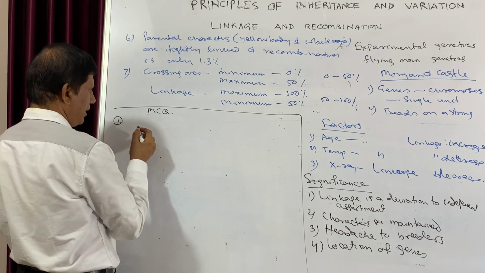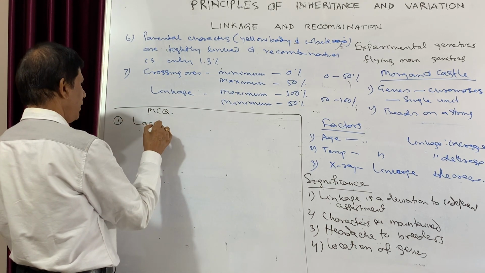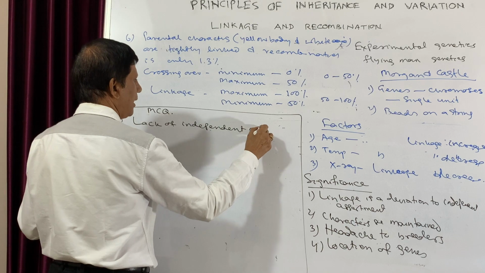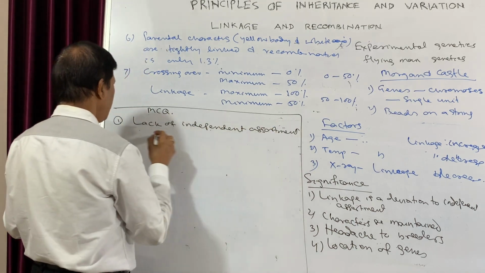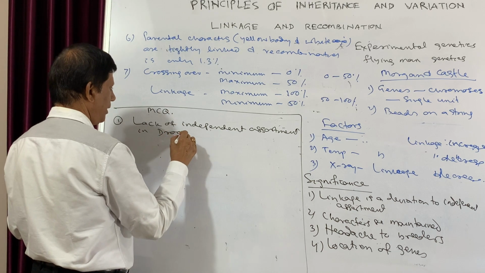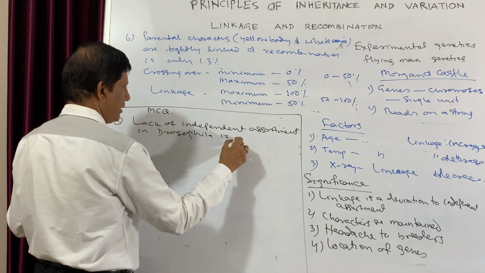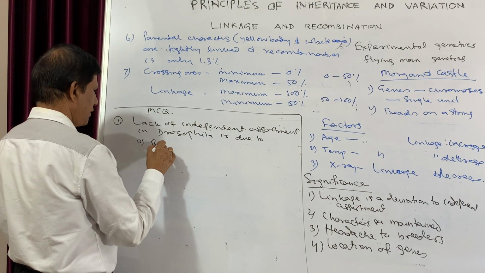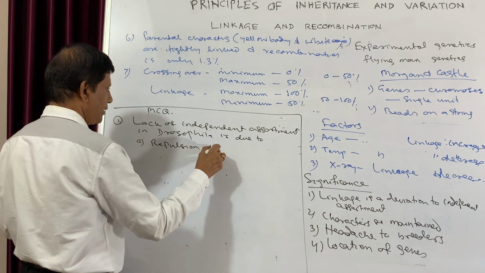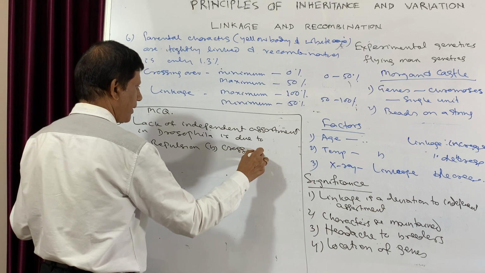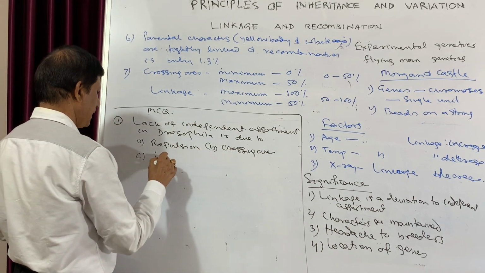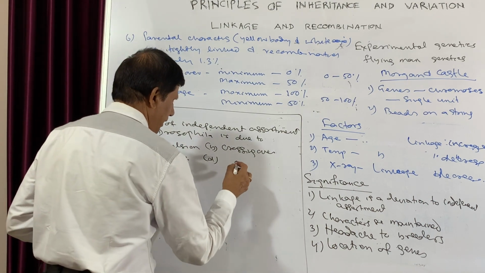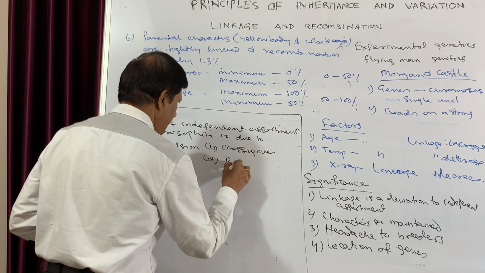Now one MCQ: the lack of independent assortment in a Drosophila is due to one choice repulsion, second choice crossing over, third choice linkage, and the fourth choice recombination.